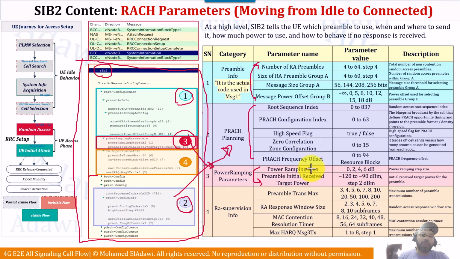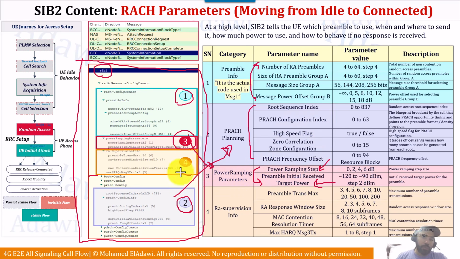This is identified by this particular one, related to uplink power control: preamble initial received target power. This identifies at what power the user should start. In case of any failure, the user needs to know at what level to increase the power. This is based on the second parameter, and I'll also explain some of these parameters with visual explanation to make it clearer.